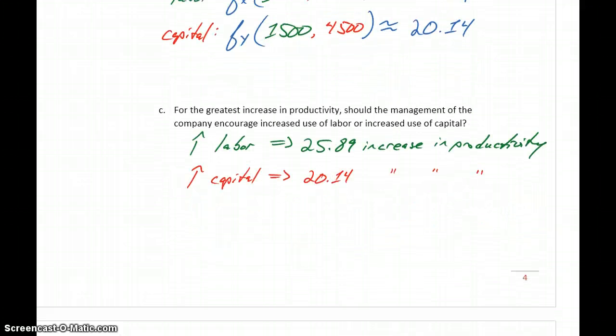So what we want to do is just make the choice between these. Increasing labor yields over a 25 unit increase. Increasing capital yields a little over a 20 unit increase. So in this case, increasing labor yields a bigger increase.